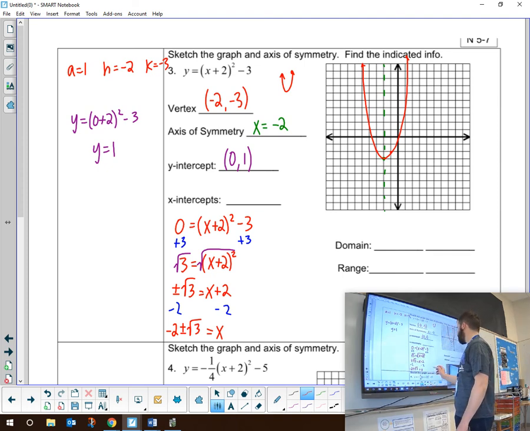So you can think about this as x equals -2 plus or minus 1.73.